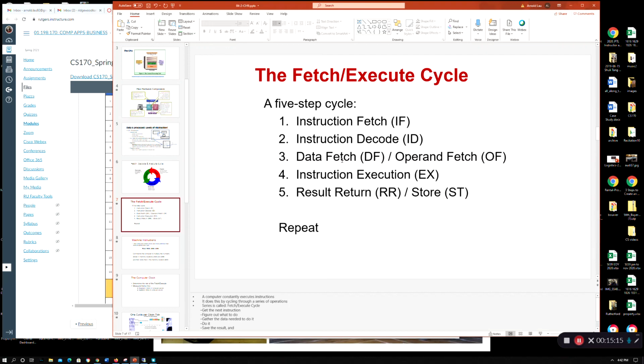Then you actually have to get the data. I keep referring to two, it could be something else, but let's say we're getting two pieces of data. And then what you're going to do with it? You're going to add them, or add 1 to it, whatever. Then you actually have to execute the instruction, and when you return the results, you're not going to store it locally on the CPU anymore.